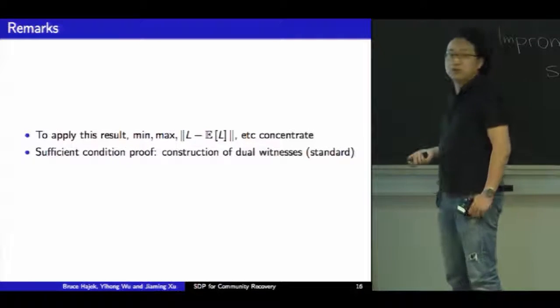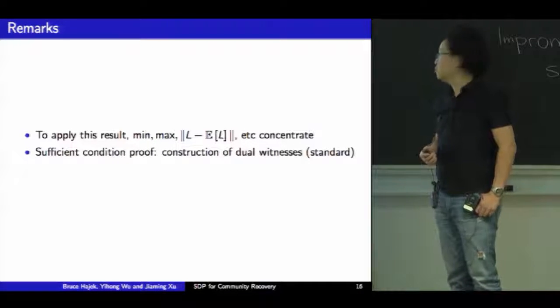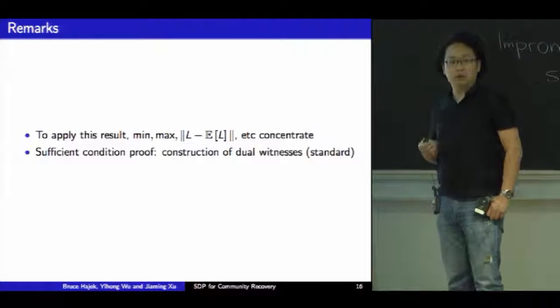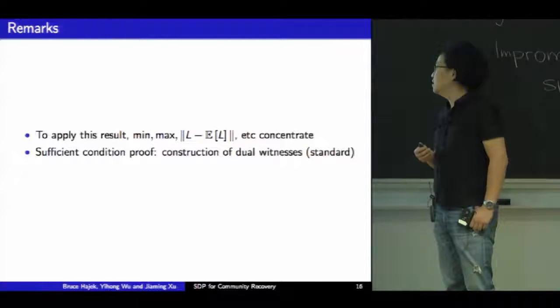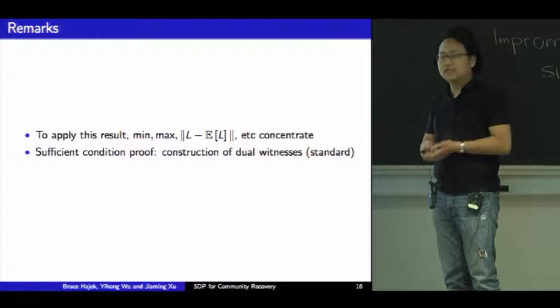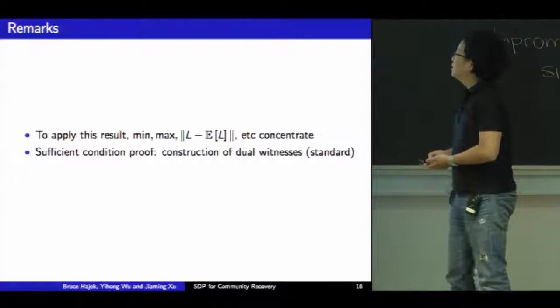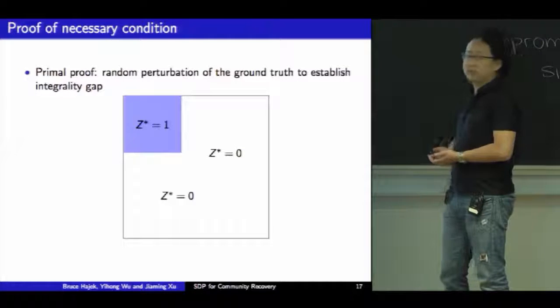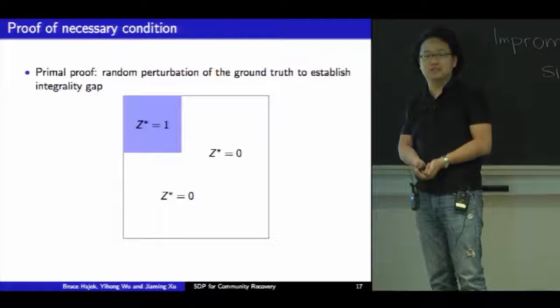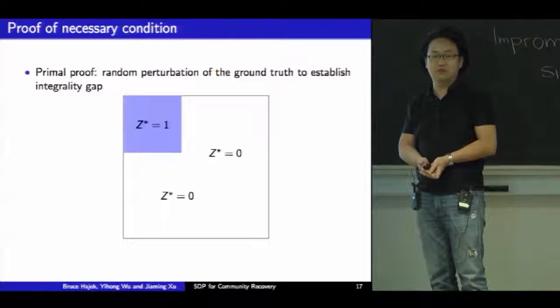To prove the positive result is very standard. For this problem, you have strong duality. You just need to construct the needed certificate to certify the ground truth, right? And to prove the negative result, you can either prove the non-existence of these certificates, or you can construct something that beats the ground truth, right?